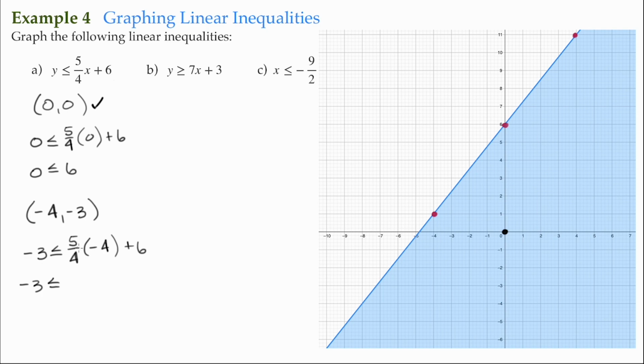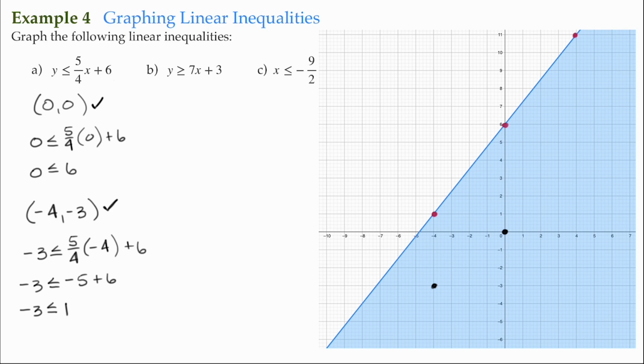That's -20/4, or in other words, -5, plus 6. And of course, -3 is less than or equal to 1. So that is satisfied. If we look at it graphically, here is -4 and down to -3, and it's well within our region.